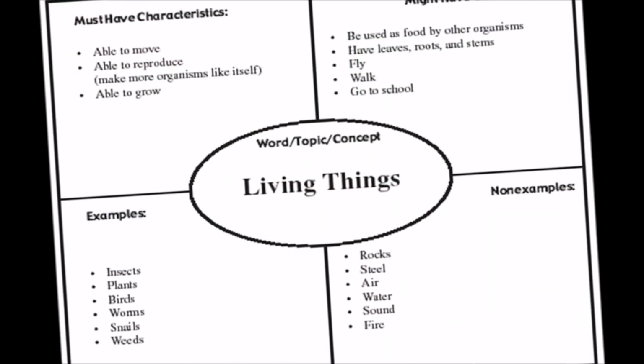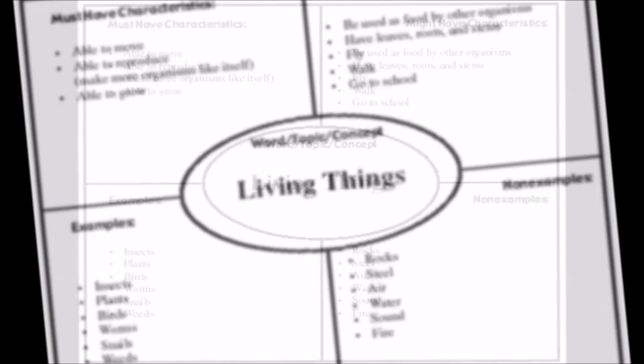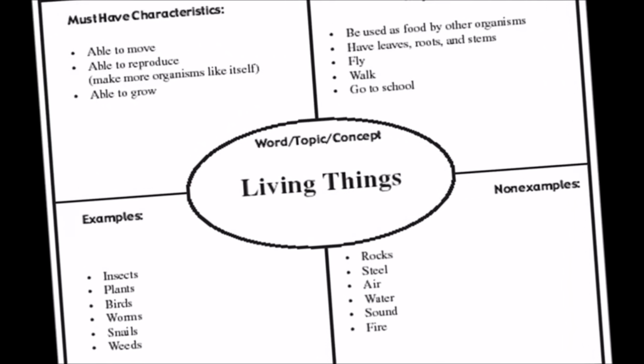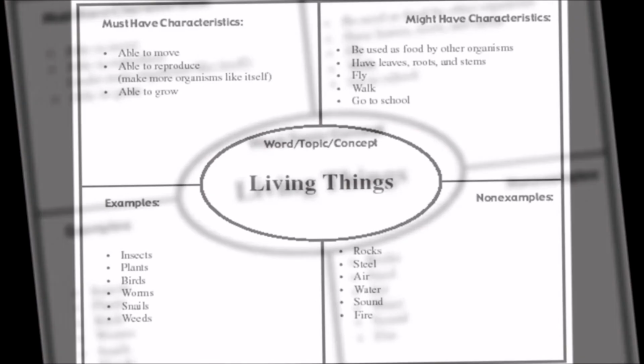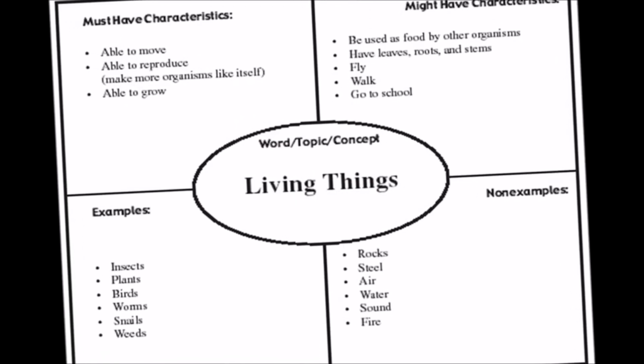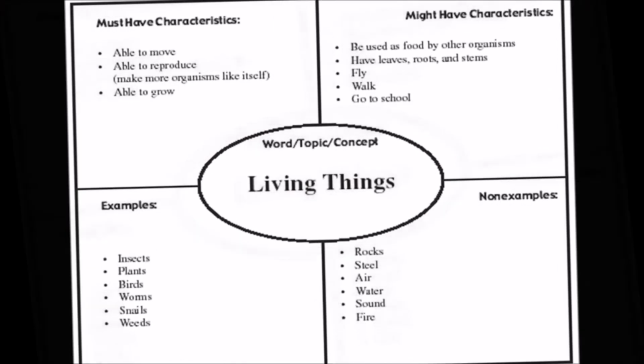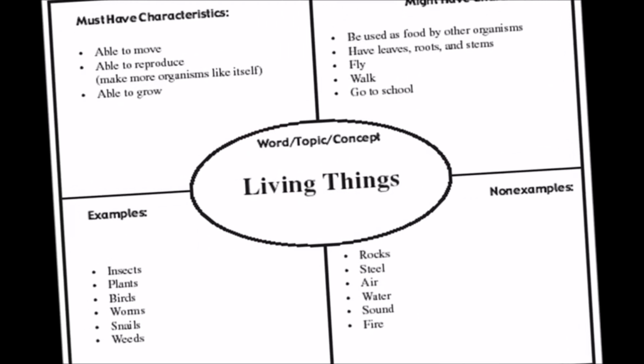Living things must have characteristics like being able to move, able to reproduce, and able to grow to make more organisms like themselves.